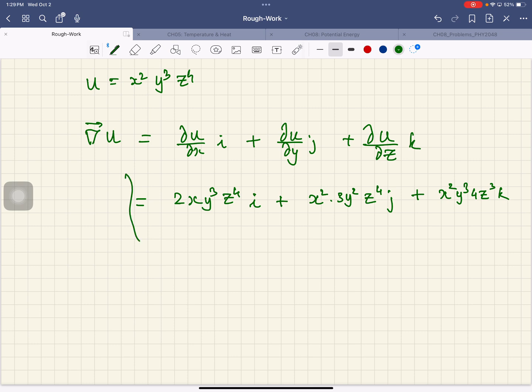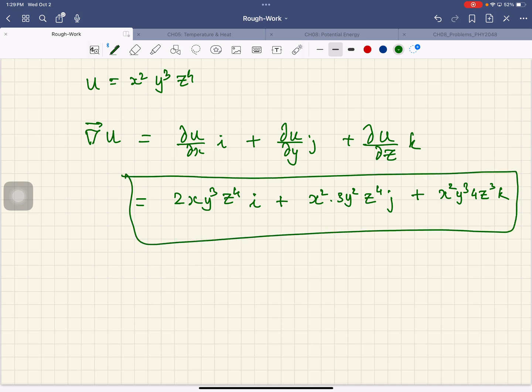And what is this vector field giving you? It's giving you how fast u is changing at that location, and it's giving you the direction in which it's changing. So if that is the potential energy function of a system, the force acting on that system at any location is the negative of the gradient.